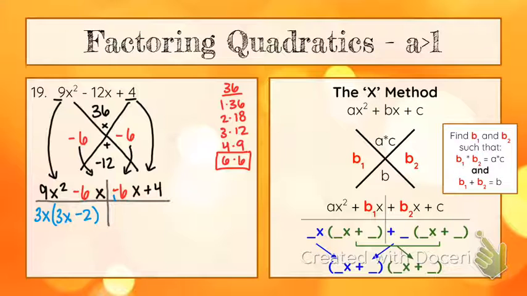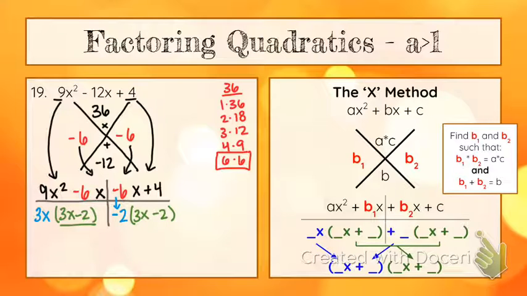On the right side, remember we always keep this sign. I forgot to color code that properly. So we're going to take out something negative, and then the greatest common factor of 6x and 4 is 2. So we're taking out a negative 2. So negative 6x divided by negative 2 is positive 3x, and then positive 4 divided by negative 2 is negative 2.